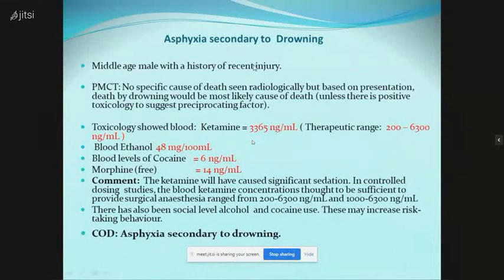Drowning can be within a river or in the sea. The drowning in the sea is far more effective in terms of the injury to the person.